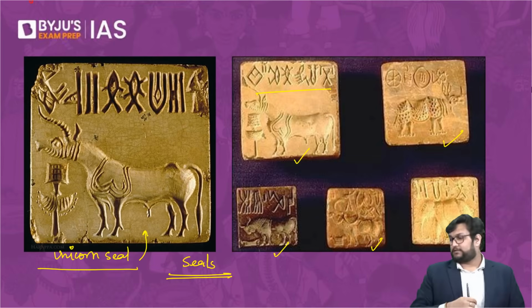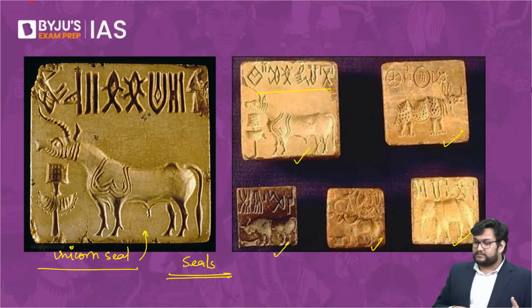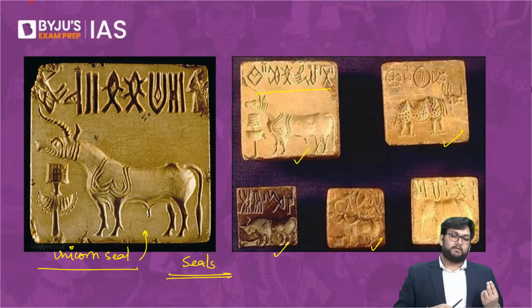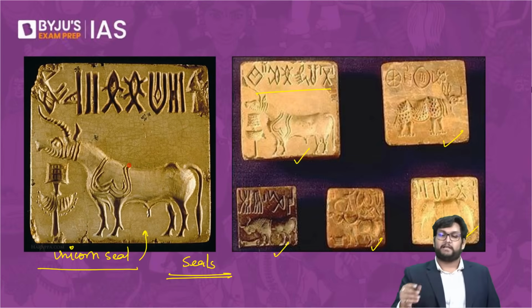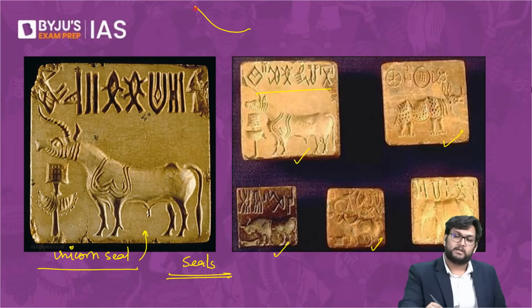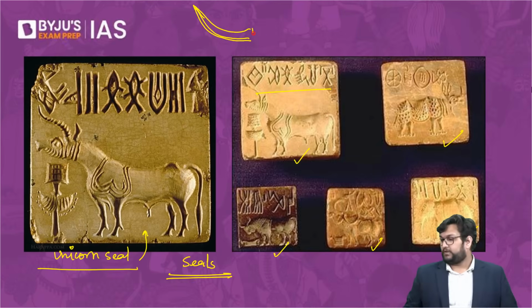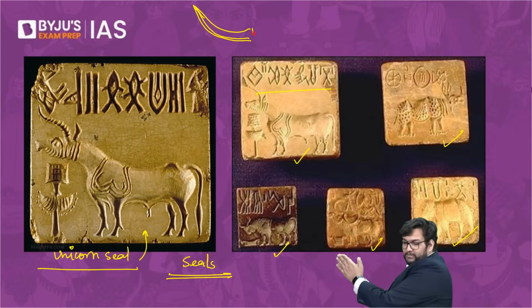Now the question is, does a unicorn exist? No. Why is it that we can only see one horn? Most probably, firstly, this is not a horse. Second thing, it is a 2D image sideways. But what they did was that they superimposed the horns on each other. If I do it something like this, how many hands do I have?